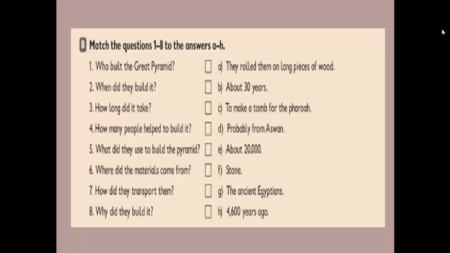How did they transport the materials? They rolled them on long pieces of wood. So, the ancient Egyptians rolled these materials on long pieces of wood.